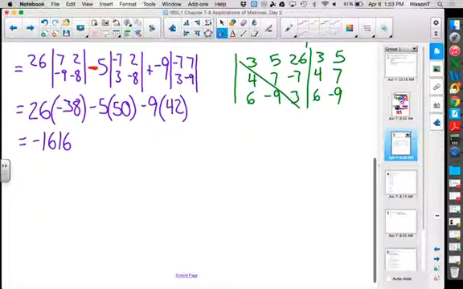So here's 3 times 7 times 3, that's 63. 5 times negative 7 times 6 is minus 210. And then 26 times 4 times 9, that's 104. 104 times negative 9 is going to be 1040 minus 104 is 936.